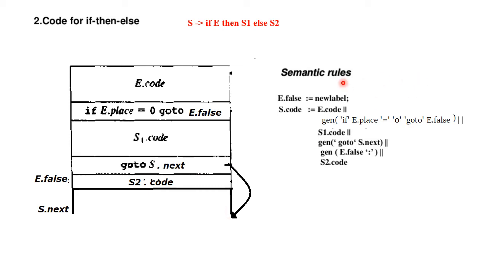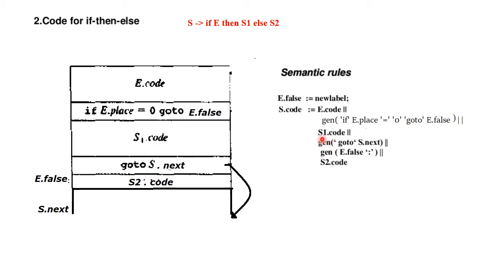Now the semantic rules are, here we have to create a label for false. E.false equal to new label. S.code equal to, we require E.code, and gen if E.place equal to 0, go to E.false, and S1.code.